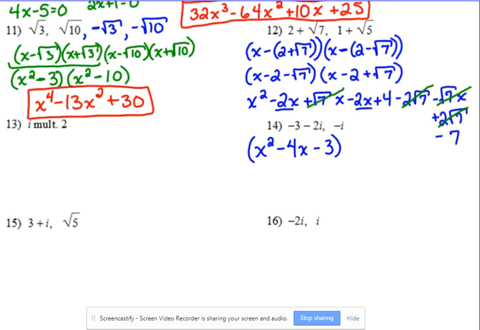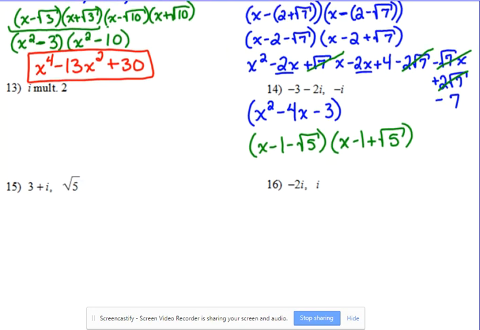Let's see if we can do the same thing with the other one. Okay, the 1 plus the square root of 5. So we've got x minus 1 minus the square root of 5, x minus 1 plus the square root of 5. Let's multiply it out real quick. X times x, x squared. I need to slide over if I didn't learn my lesson the first time. X times x is x squared. X times negative 1, negative x. X times the square root of 5 plus the square root of 5x.